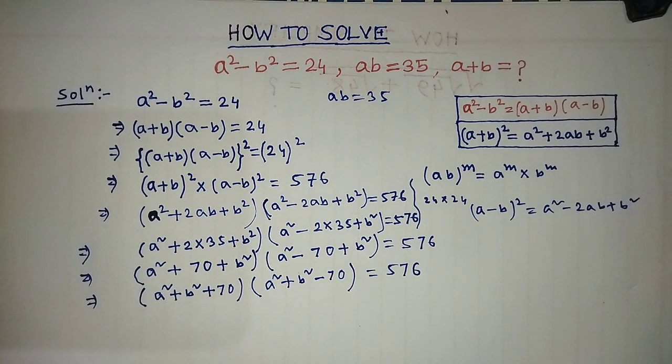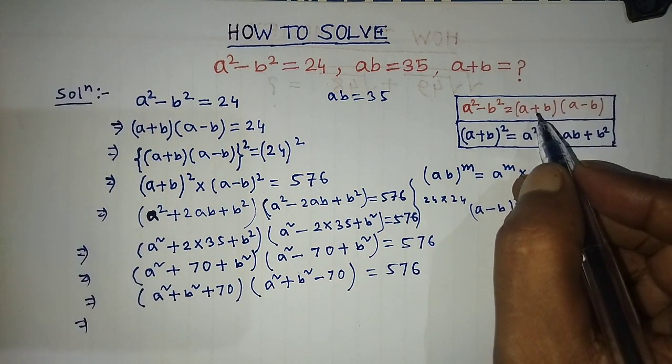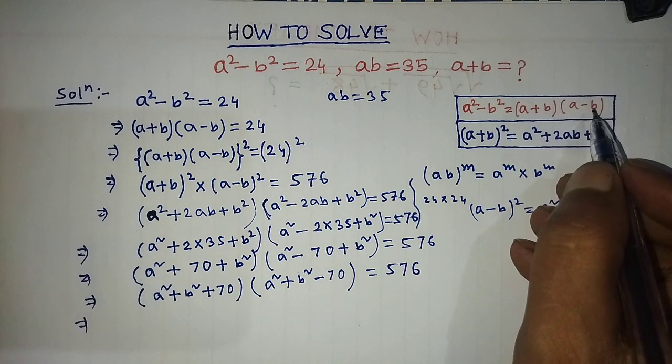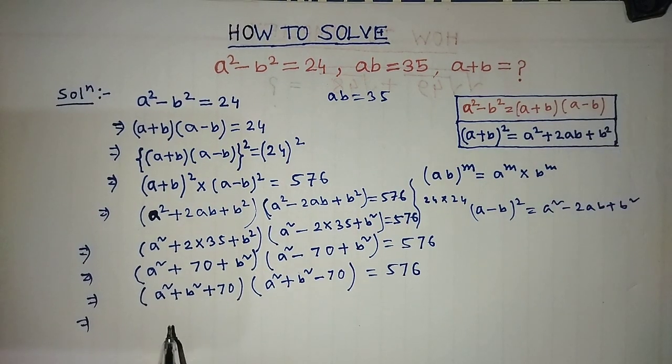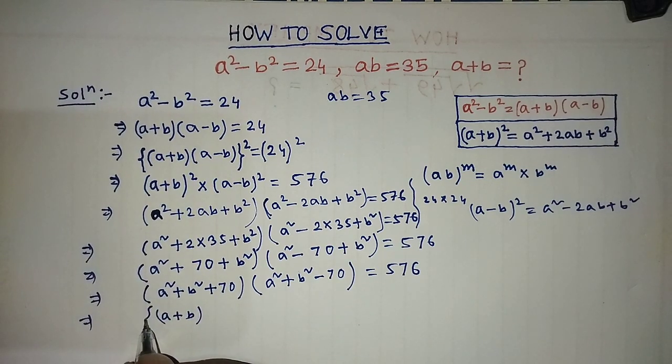is equal to 576. If you arrange this algebraic expression in the form of a plus b into a minus b, we write on the left hand side a plus b, first bracket close, and use the second bracket.